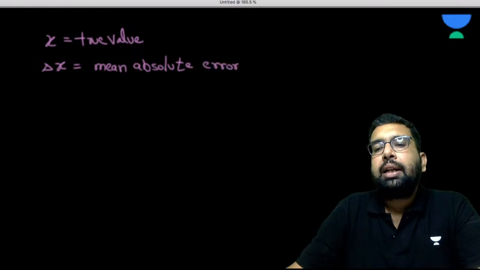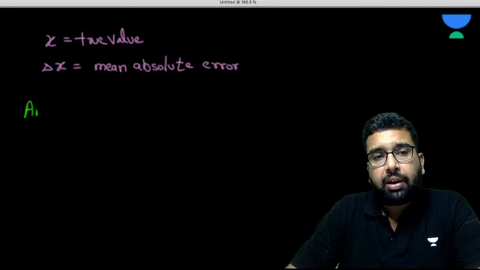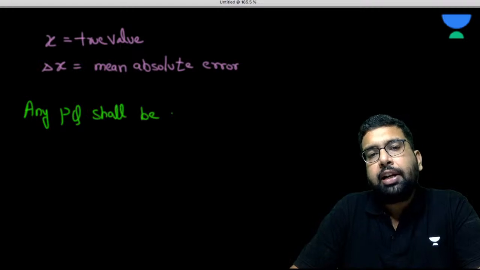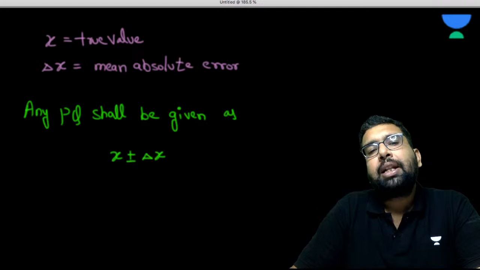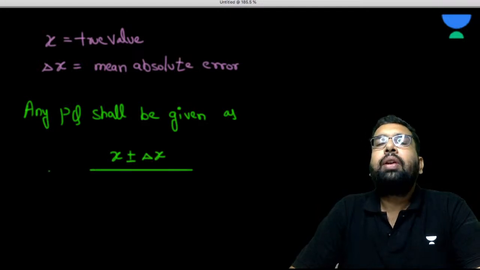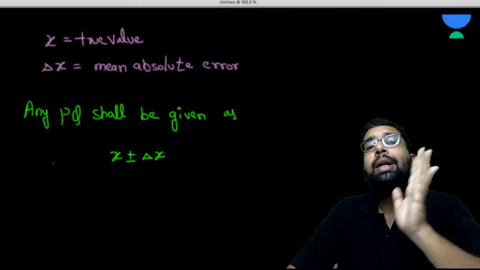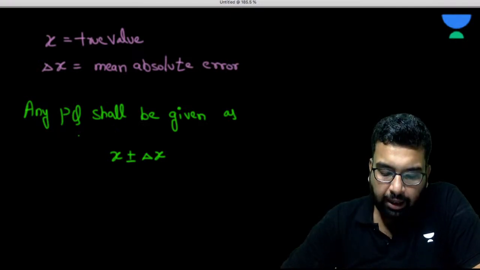Now please understand this: any physical quantity shall be given as x plus minus delta x. Remember this. When we are measuring something, for example length, the measurement should be given like this: x plus minus delta x.